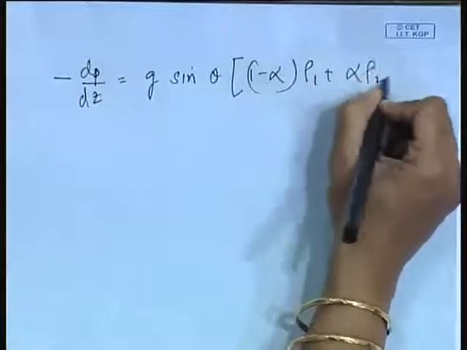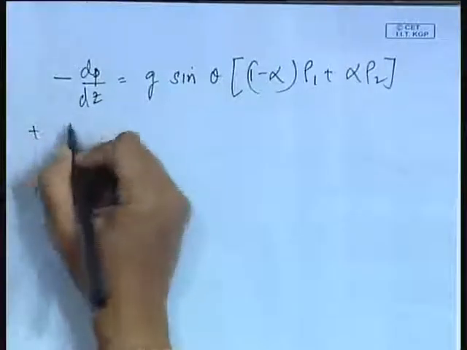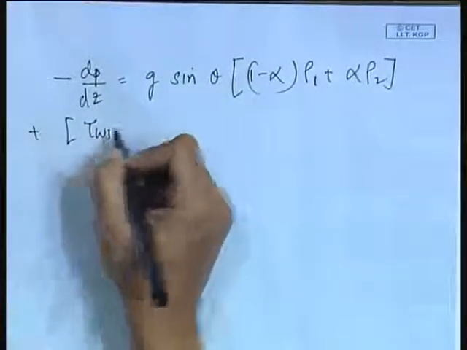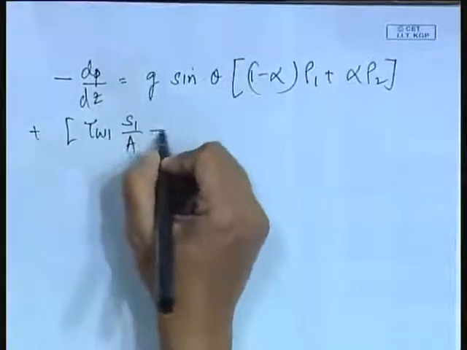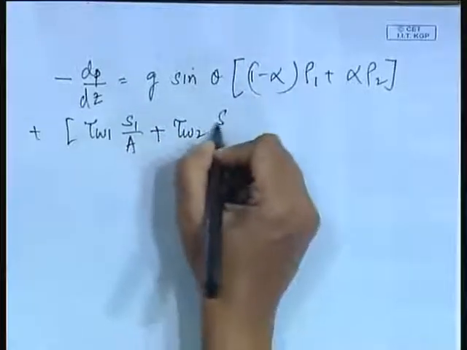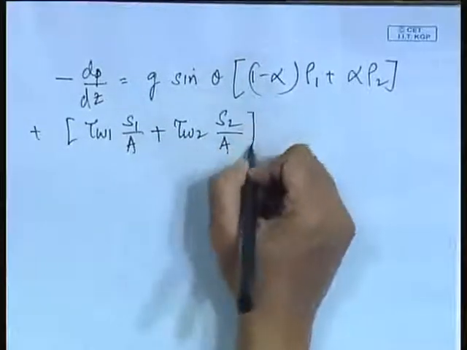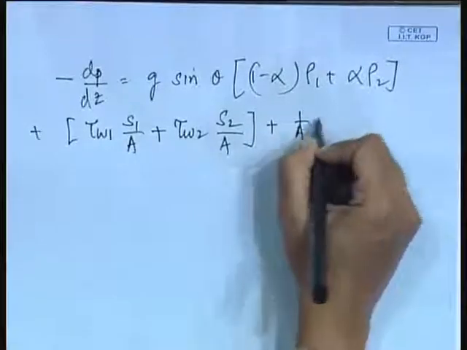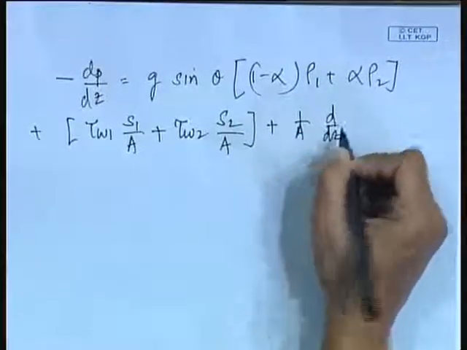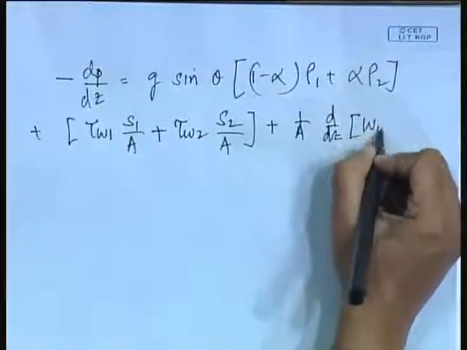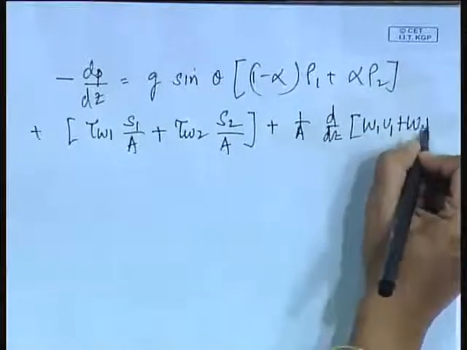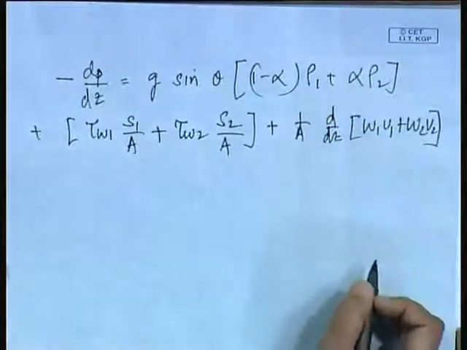You already have this, because in the last class I had discussed this part. tau W 1 S 1 by A plus tau W 2 S 2 by A plus 1 by A d/dz of W 1 U 1 plus W 2 U 2. So, this was all that we had.